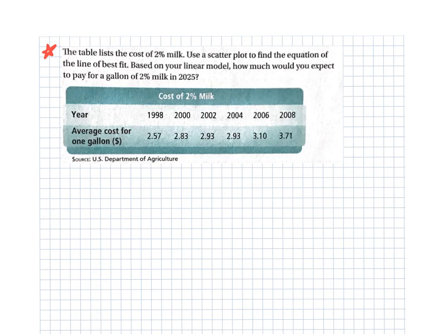Okay, and then see if you can find your line of best fit, and then use that line to figure out how much you would pay for a gallon of 2% milk in 2025. And press pause and do that, and then you can check back and see if you got the same thing as me, and then we'll be done.